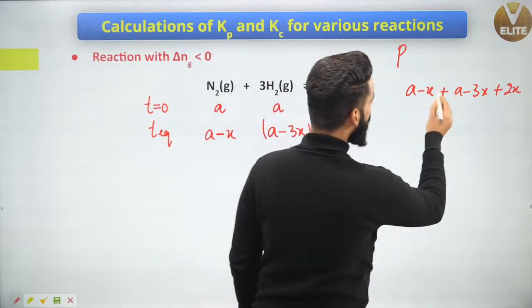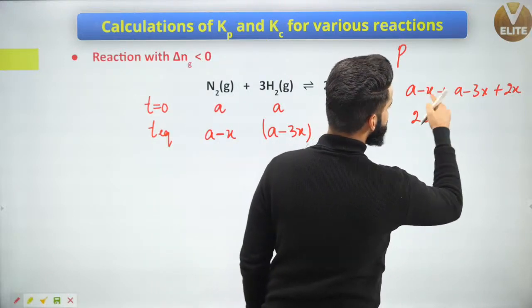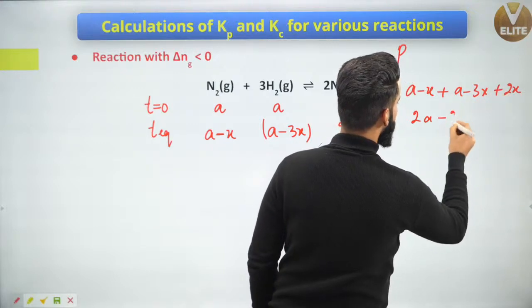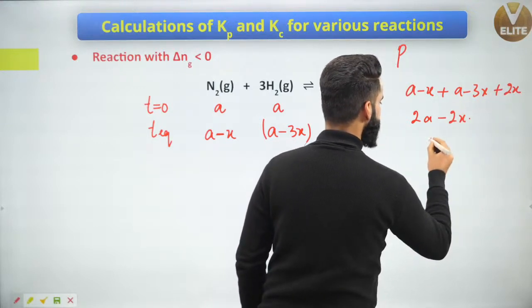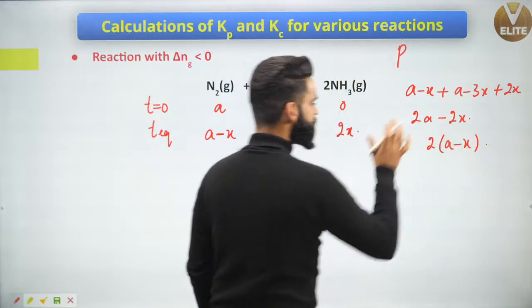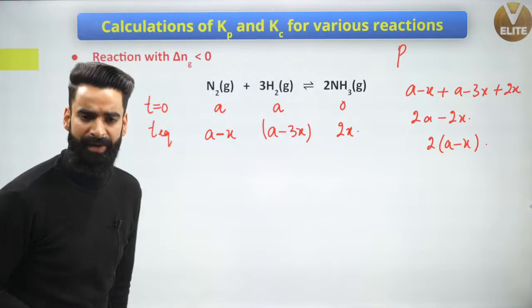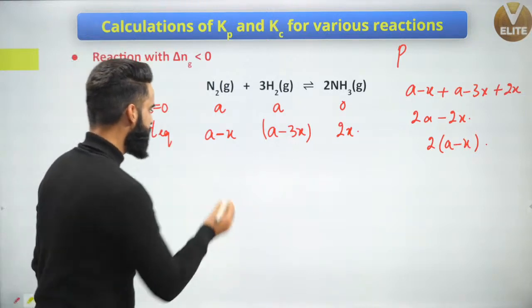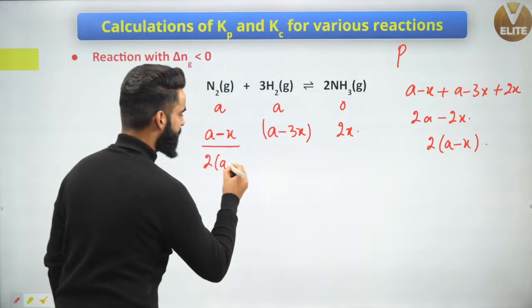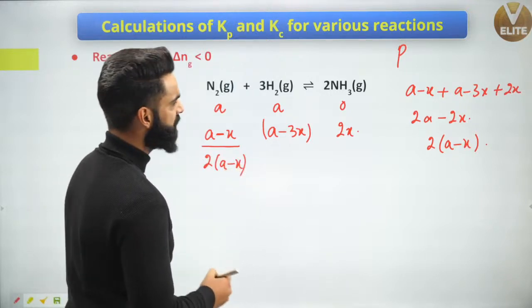So it's going to be equal to what? This is A plus A, that is 2A. This is minus X, minus 3X, minus 4X plus 2X, which is minus 2X. So I got the total moles present in the container at equilibrium as 2 into A minus X. Now, if I divide these moles by the total moles present in the mixture... wait, there is something wrong, isn't there?